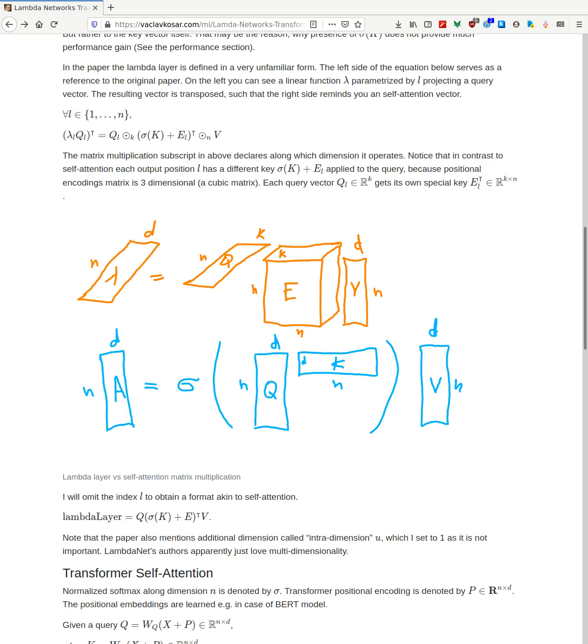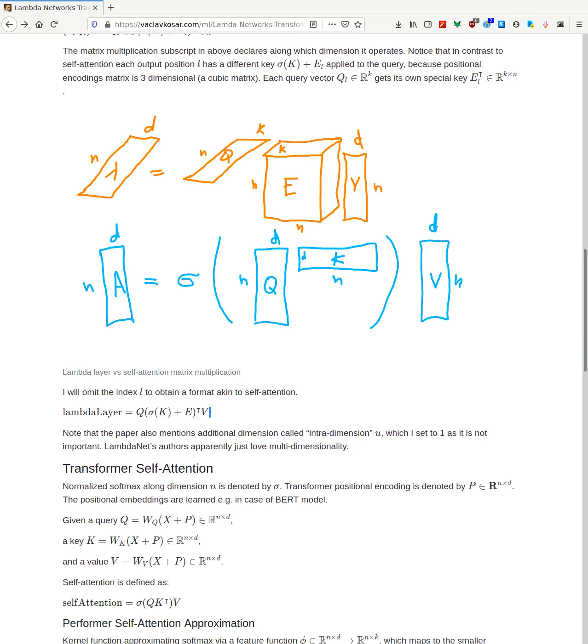And then we multiply along the positional dimension to the V matrix. So these subscripts, as you notice, denote along which dimension we do the multiplication. And you can remove those and simplify it to this format: Q multiplied by brackets, softmax of K plus position embeddings, close bracket, times V, but it's not completely correct.